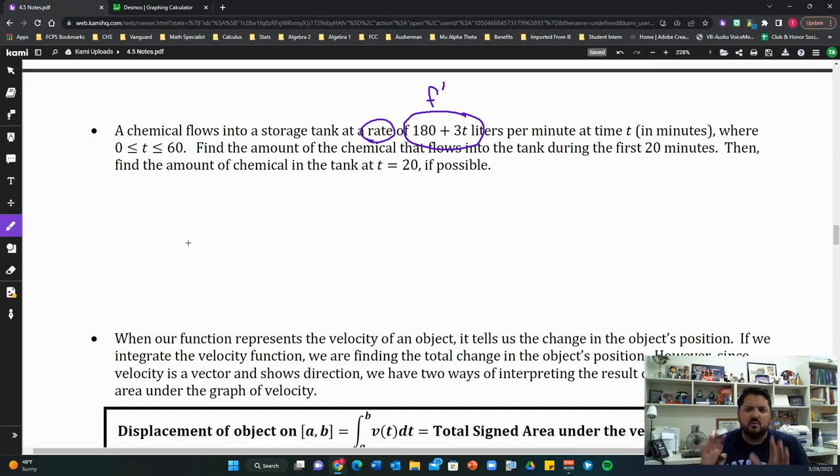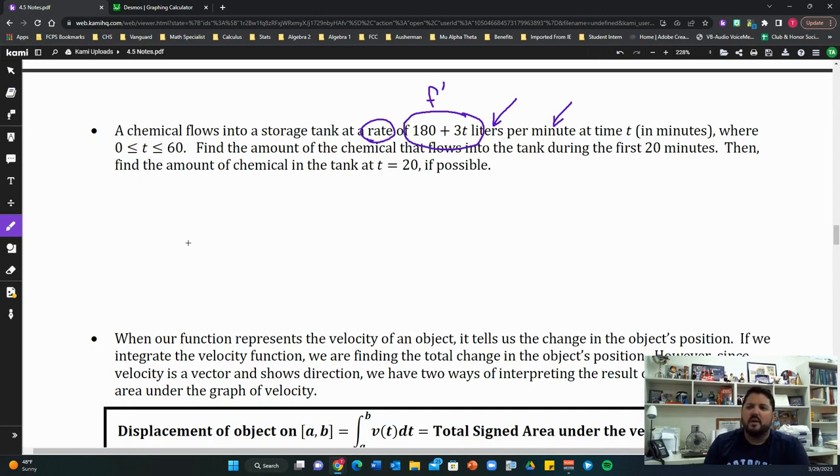Now, notationally, we'll change it to whatever we need it to be, but this is the thing that calculates my change. And I know that because a rate is the same thing as a rate of change. So it's describing how the liters in this tank are changing as time changes. So every minute that passes, the amount of chemical that's in the tank is either increasing or decreasing by this rate.